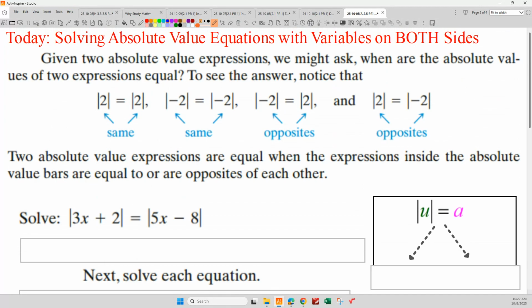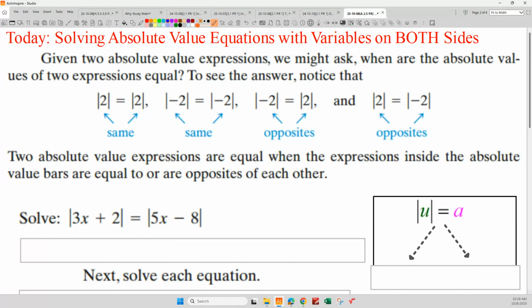Okay, so what happened there? Well, one of two things really happened. Either I had the same number inside the absolute value bars on both sides, in which case what's inside the left equaled what's inside the right, or they were opposites. What was inside the absolute value bars on one side was equal to the negative of what was inside the absolute value bars on the other side.